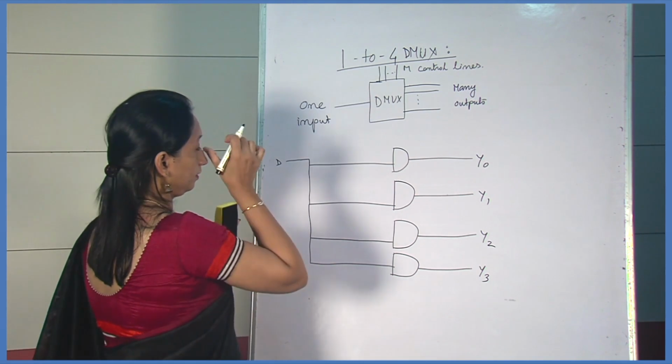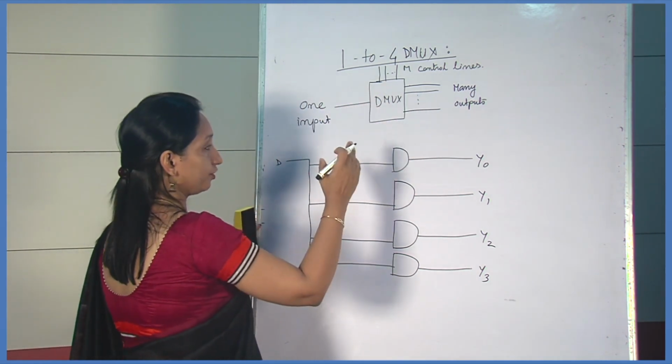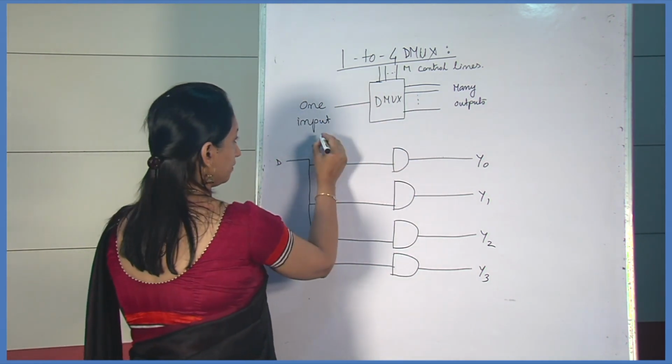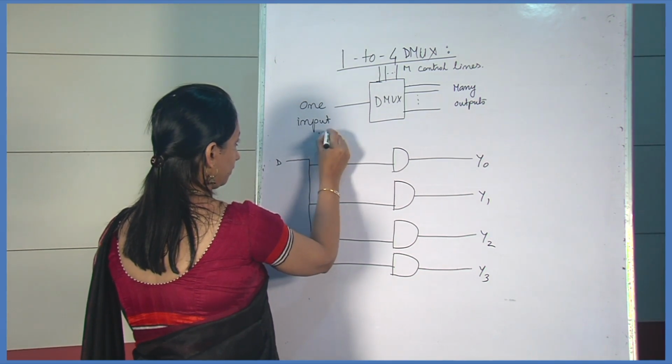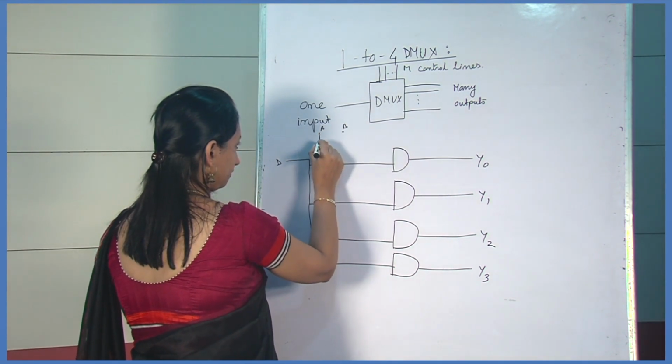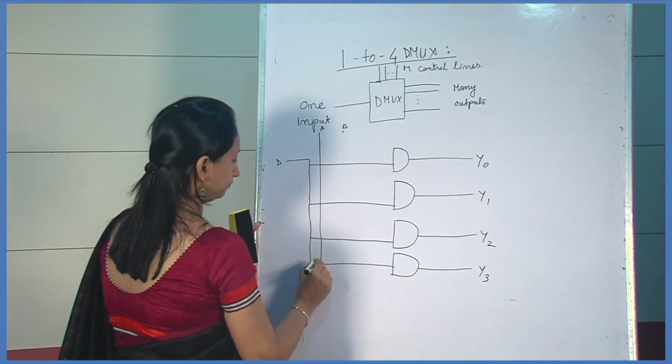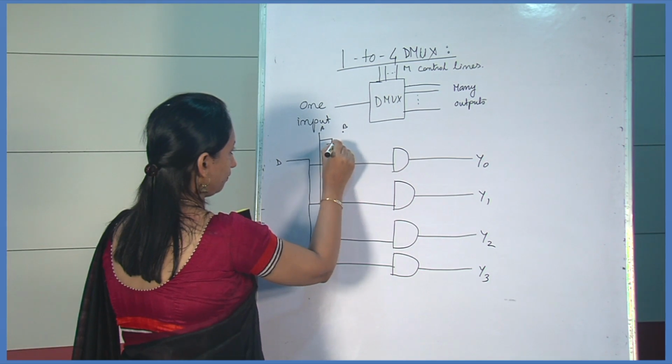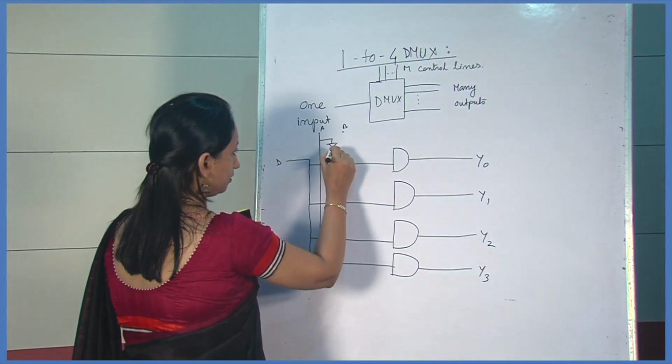Then in the case of a 1 to 4 demultiplexer, there are 2 selection lines, suppose A and B. Here NOT gates are applied.